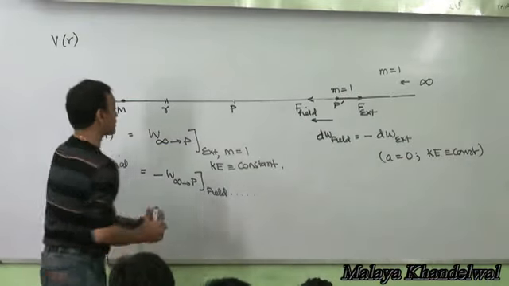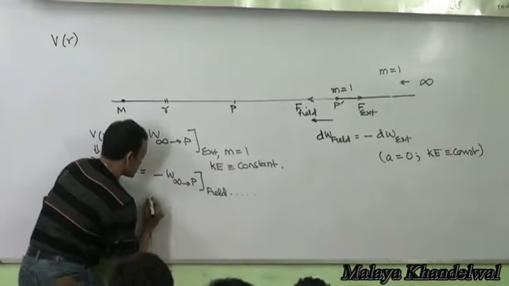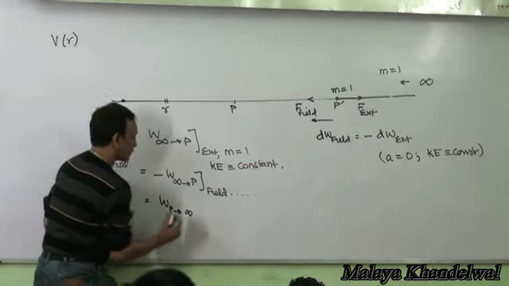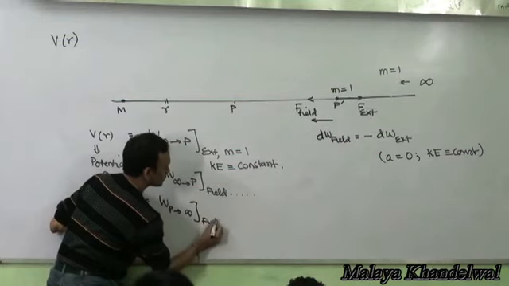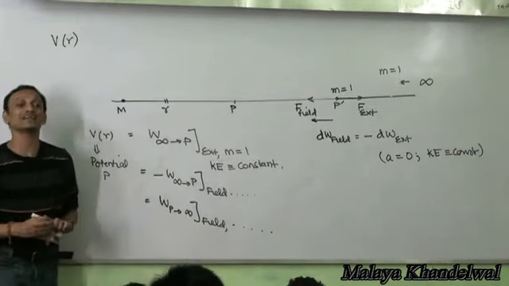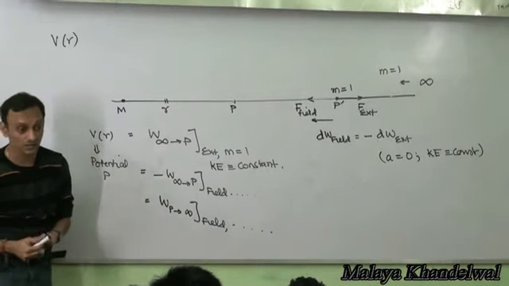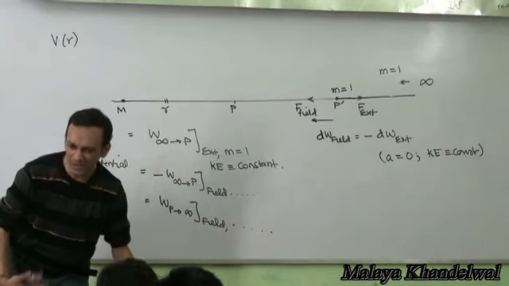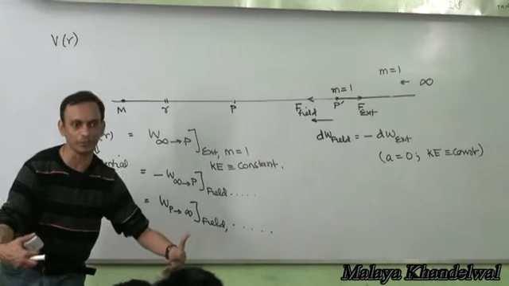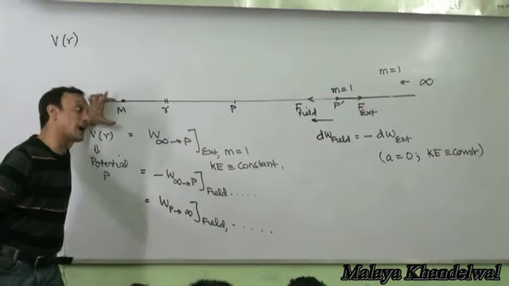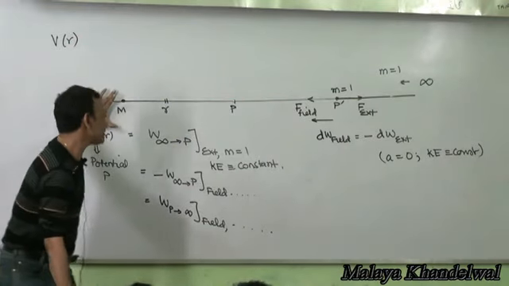Clear? So then, can I not say that this is the work done from P to infinity by the forces of the field, keeping kinetic energy constant on a unit test mass? That will bring us to the potential at the point P of the gravitational field produced by capital M. Clear?